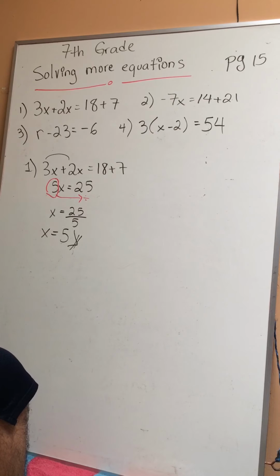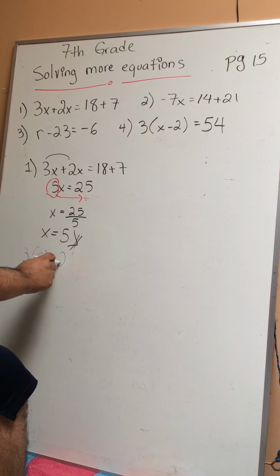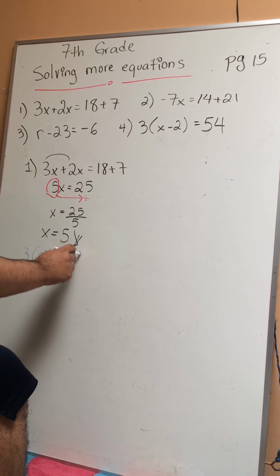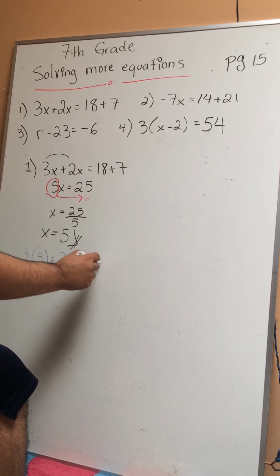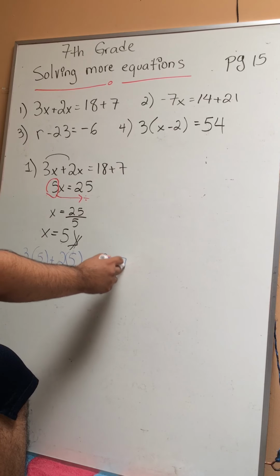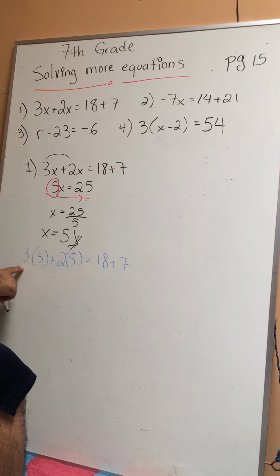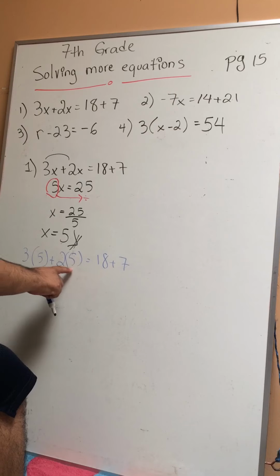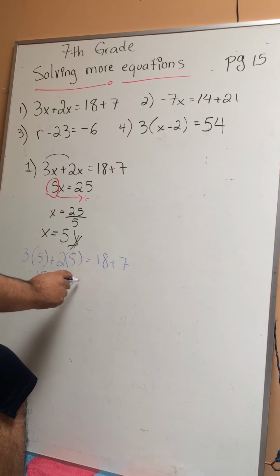How do we check it? We can prove it by substituting the x in the original equation. Let's see if it's true. We take 3 times 5 plus 2 times 5 equals 18 plus 7. 3 times 5, 15, plus 2 times 5, 10.